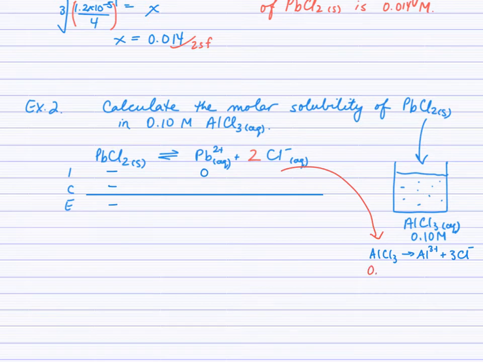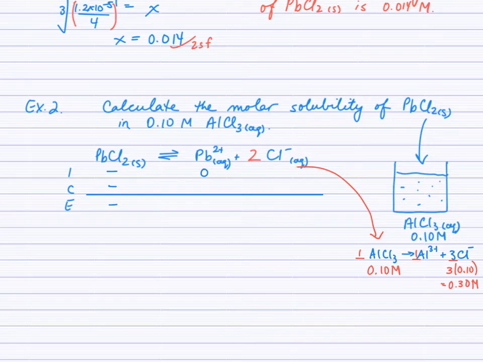The concentration of the aluminum chloride is 0.10 moles per liter. You may recall from grade 11 that the concentration of the ions follows the mole ratio, and so the chloride ions here will be 3 times the concentration of that aluminum chloride, or 0.30 moles per liter. And so that's where I come up with my initial concentration of chloride ions.